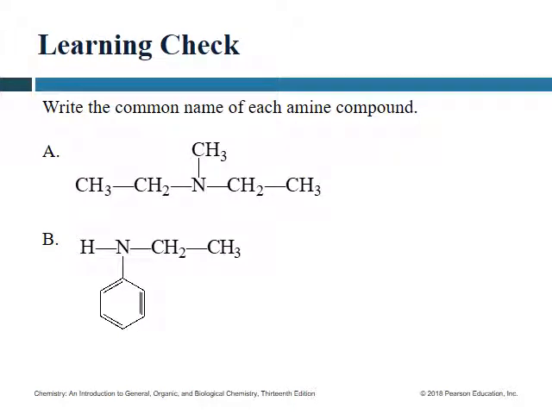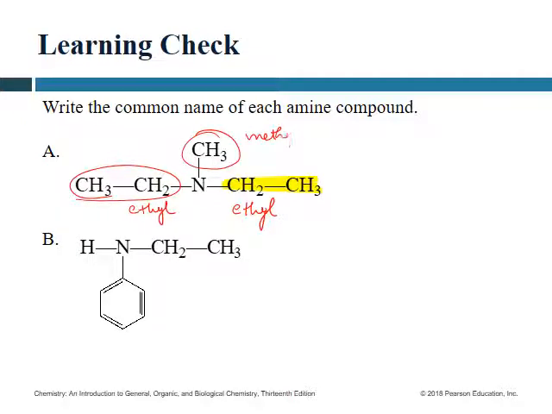Okay, write the common name for each amine compound. So if we were to give the common name for this, perfect, this group is ethyl. Common name means we need this as the alkyl chain, right? So this is ethyl, this is ethyl, this is methyl.